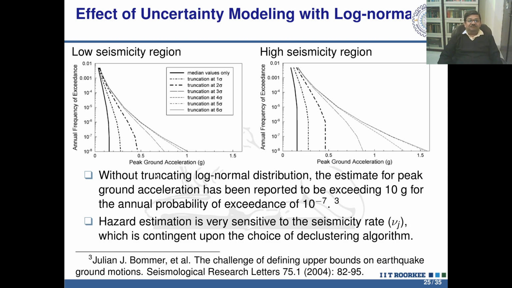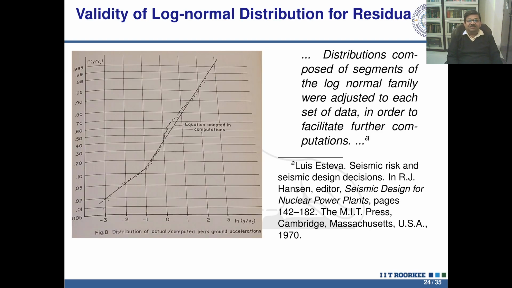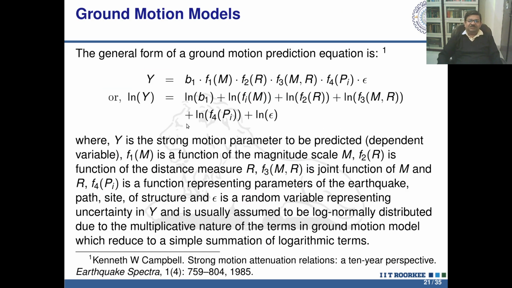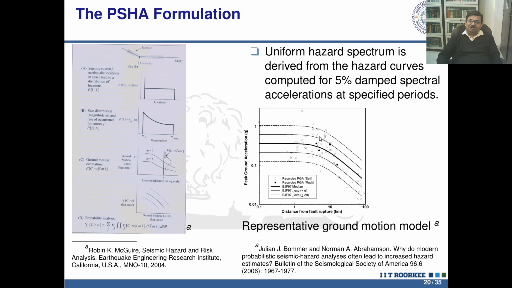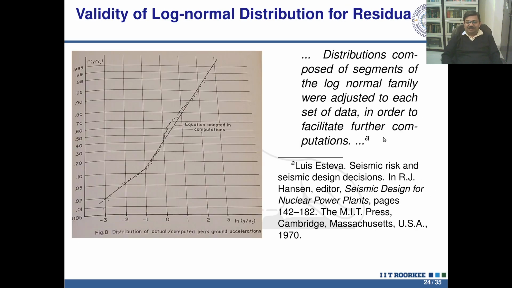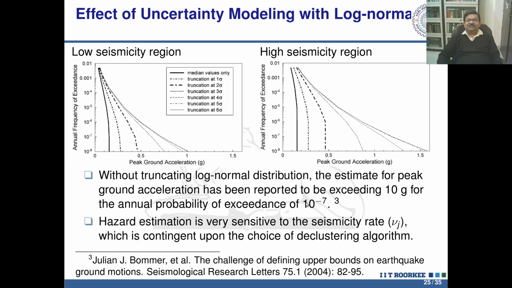So if we do not truncate the log normal distribution, no truncation, we just allow it to go over whatever value it wants to be calculated, then it turned out that for the Yucca Mountain region, for an annual probability of accidents of 10 raised to the power 7, peak ground acceleration turned out to be 10 g. 10 times acceleration due to gravity.